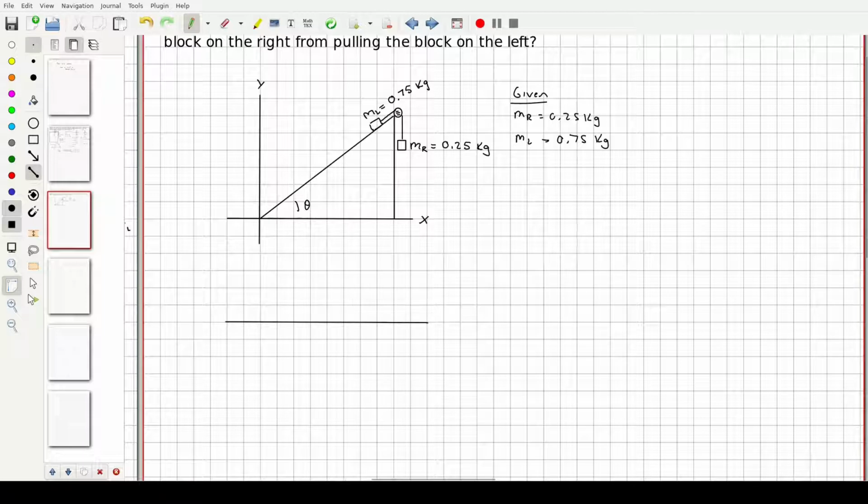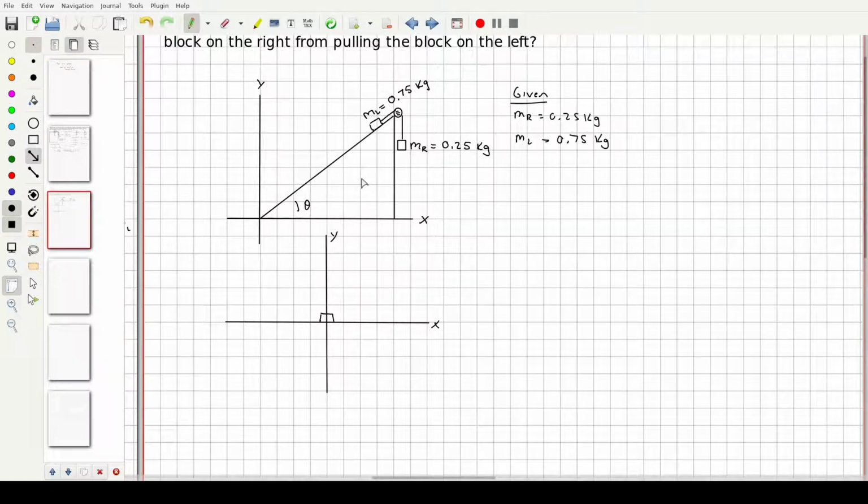Now, our x-axis is the inclined plane. The y-axis is normal to the plane. Normal means straight up at right angles from, remember? So this is going to be our y-axis, and this is going to be our x-axis. I'm going to place the center right here as being where our block is.